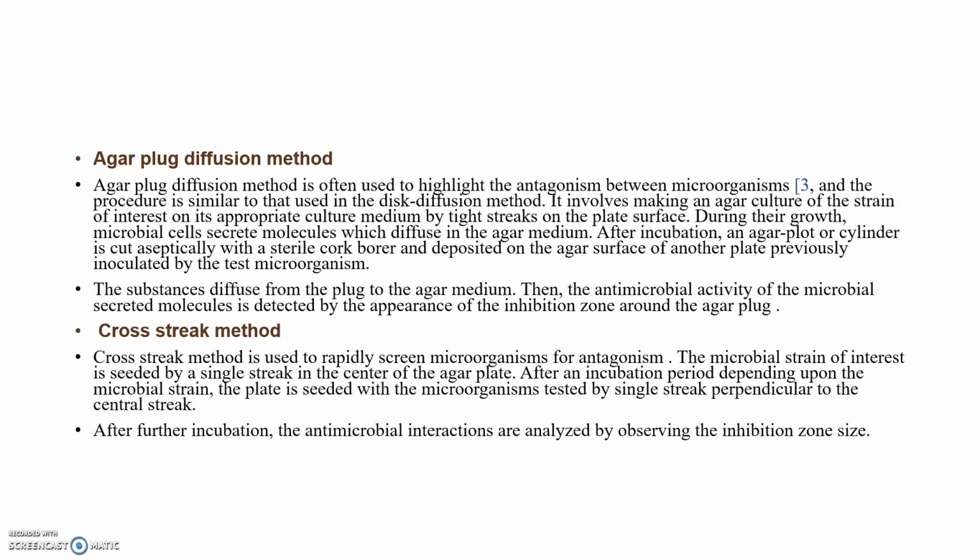Another method is the agar plug diffusion method. It is often used to highlight the antagonism between microorganisms. So antagonism means the action of any organism that suppresses or interferes with the normal growth and activity of the pathogen, such as the main pests of bacteria or fungi.